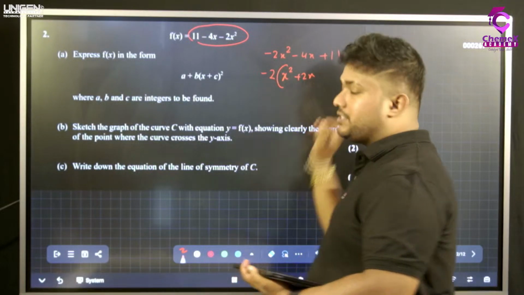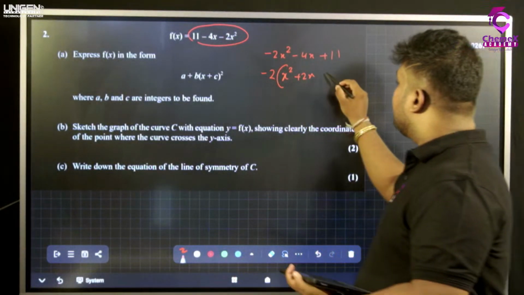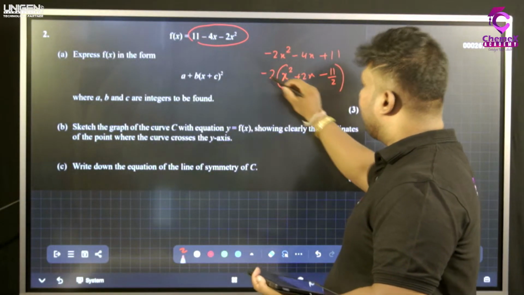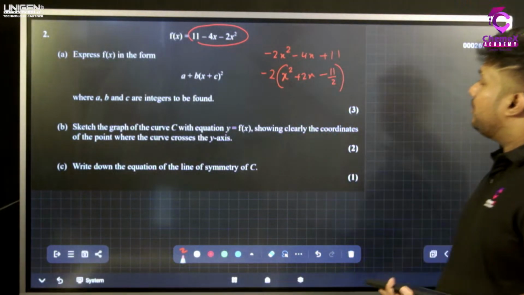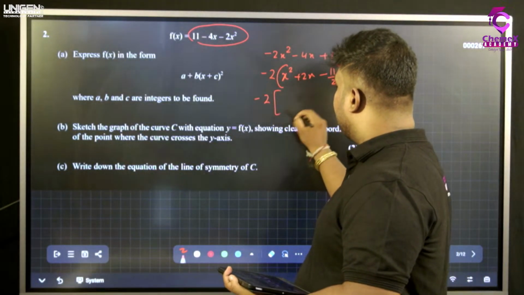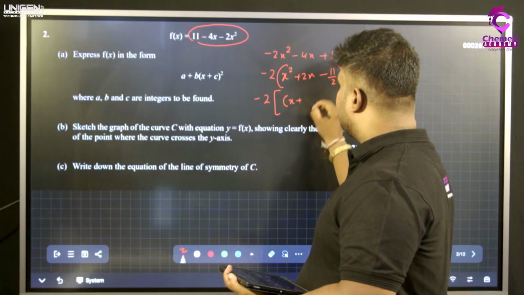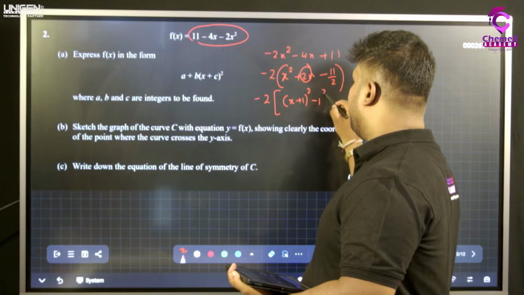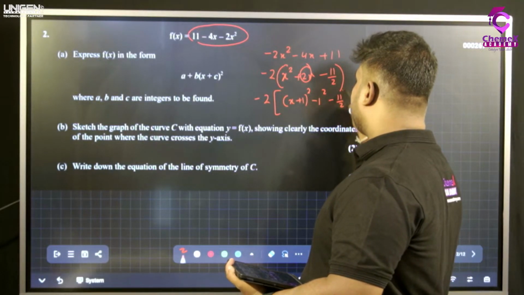Because minus 2 into plus 2 is minus 4, minus 11 over 2. So if you multiply the minus 2 to everything, you get the original terms. After that I keep that minus 2 outside and complete the square for the inside. So half of this is 1, squared, minus 1 squared, minus 11 over 2.